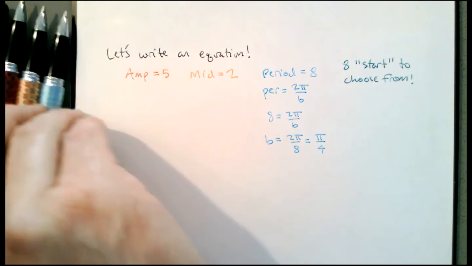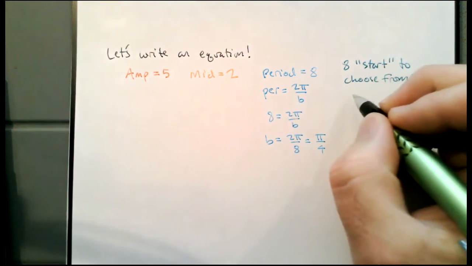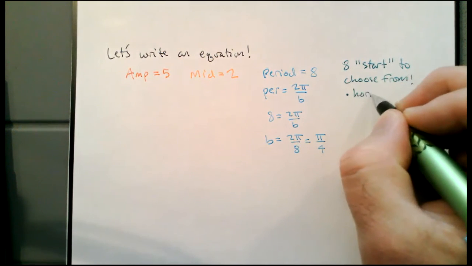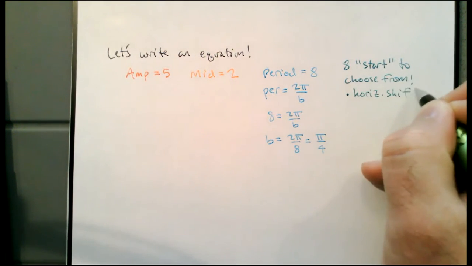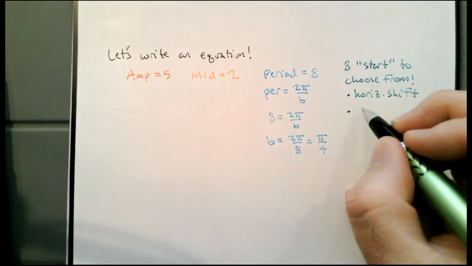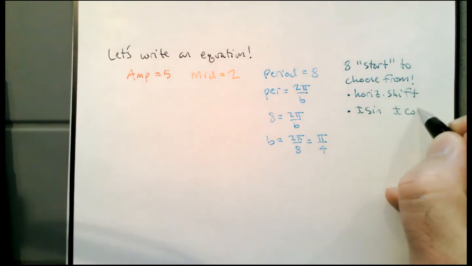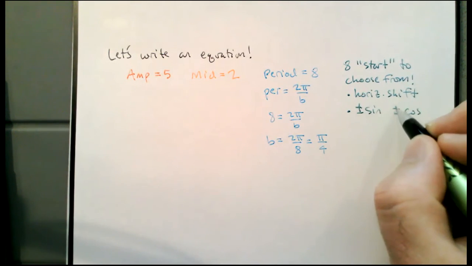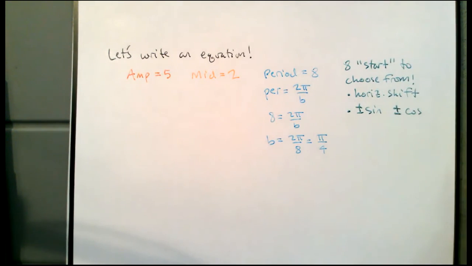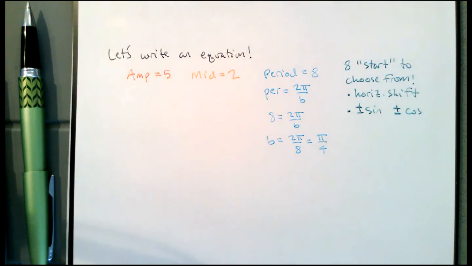So the start determines 2 things for us: the horizontal shift and also plus or minus sine or plus or minus cosine. So now we have to make a choice. The amplitude and the middle, those are just fixed. They're just going to be the coefficient of the trig function and the constant term.